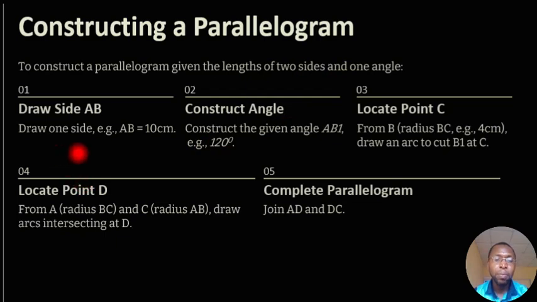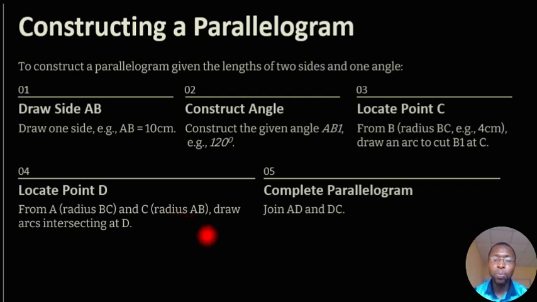The first step is to draw one side and then construct the angle. From the second point of the one side, you measure the radius and you make an arc. The next step is to locate the first point of that side and you make another arc.